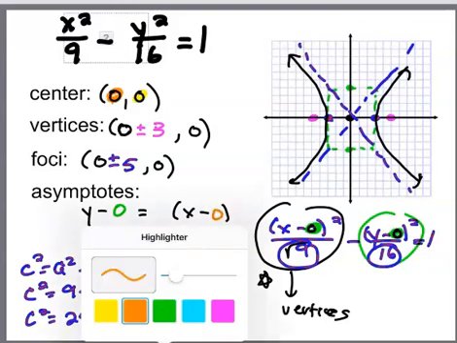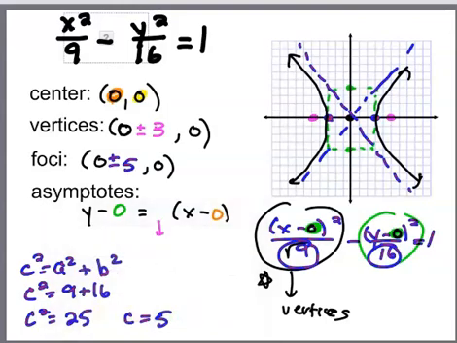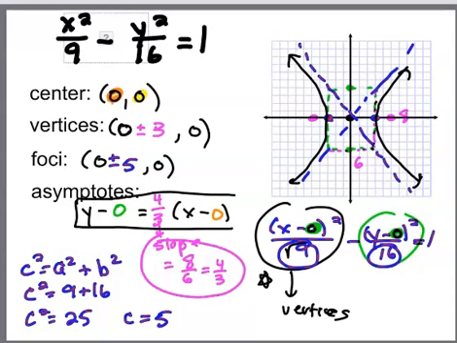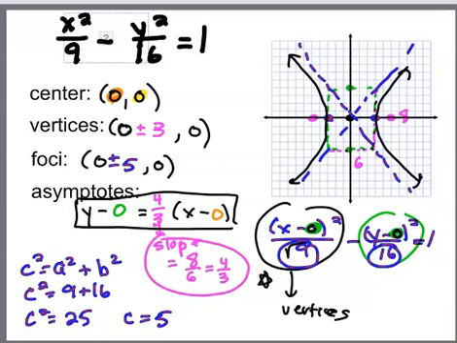And then this is, of course, the slope. So if I do the rise over run, this is 4 plus 4 is 8 over 3 plus 3 is 6, 8 over 6, which reduces to 4 over 3. So this is 4/3. Okay. That is that.